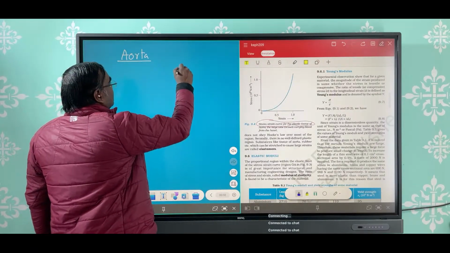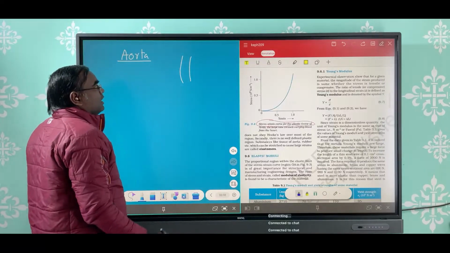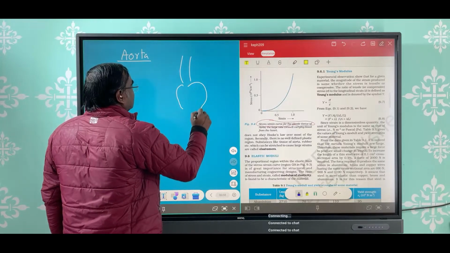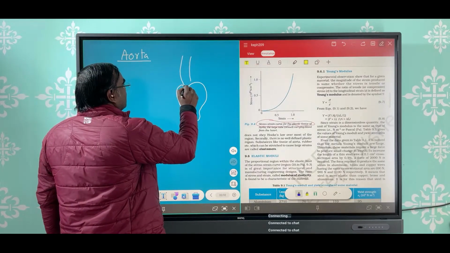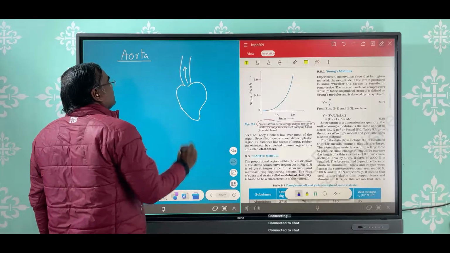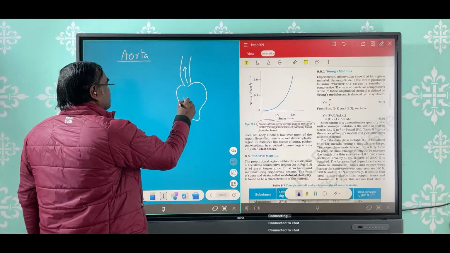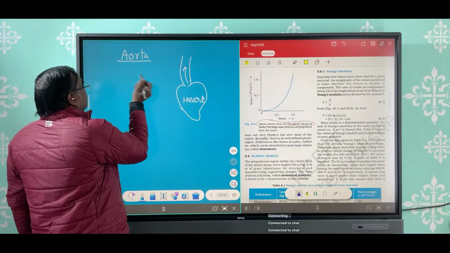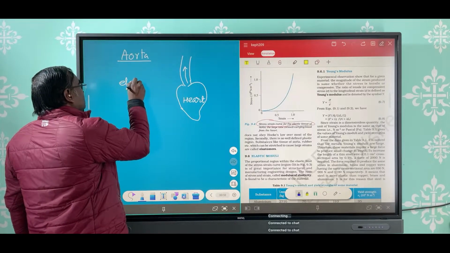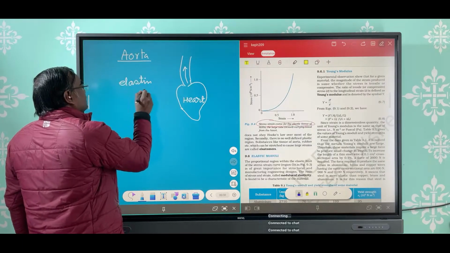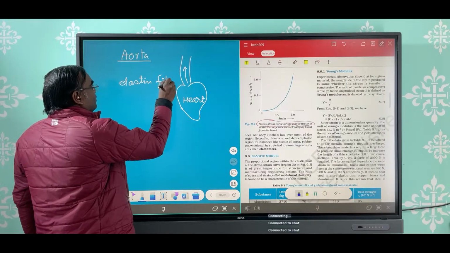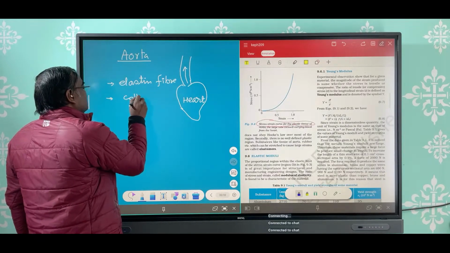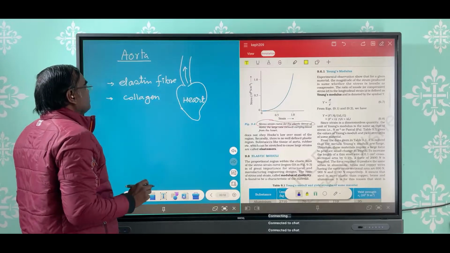See, aorta, there is an artery that is known as aorta, and here is our heart system. This is the heart, and the blood is going outside. This aorta is made up of elastin fiber and collagen. Biology students have good knowledge of these terms.